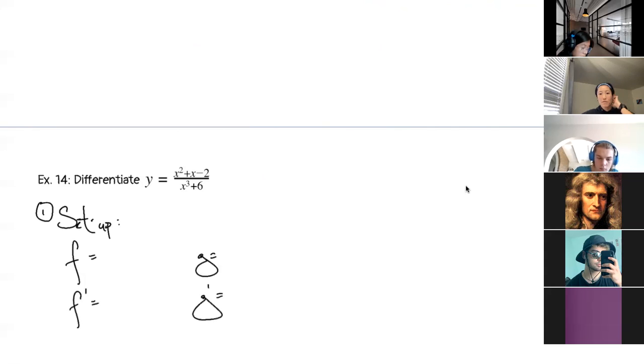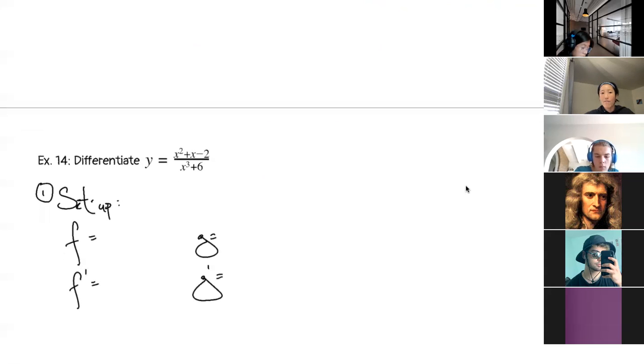F is the numerator and G is the denominator. Spot on. So we've got F as x squared minus x minus 2 and G as x cubed plus 6.